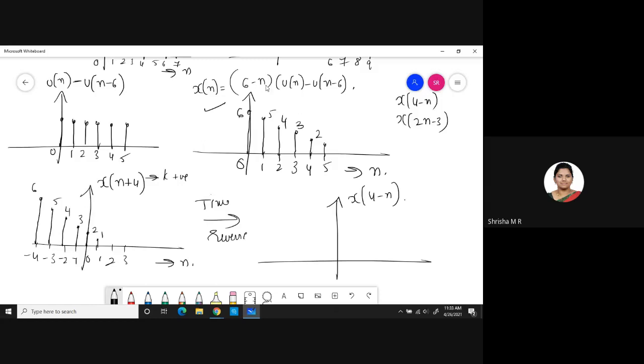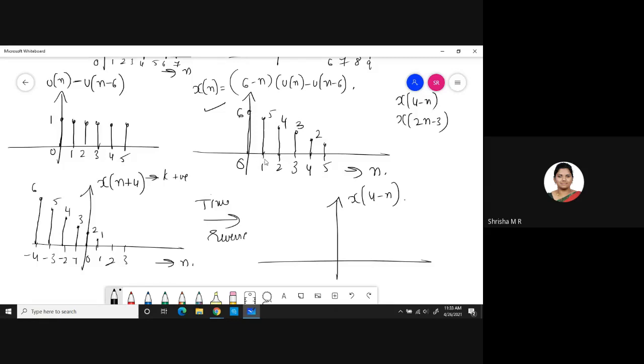In u of n minus u of n minus 6, the amplitude is 1 for all samples. So you're just having an amplifying factor at the beginning, 6 minus n into 1. At n equal to 0, 6 minus 0 into 1 is 6.